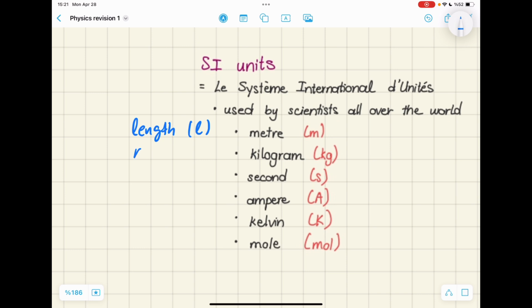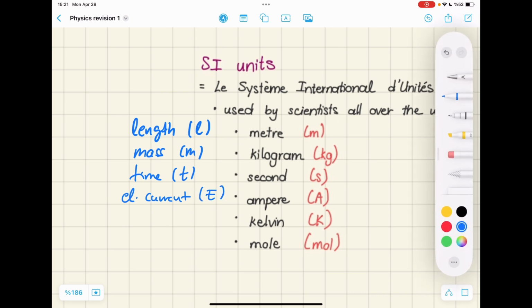Kilogram, which is related to mass, M. Second, which is time, which is T. Ampere, which is electrical current, which is usually E, or rather I.